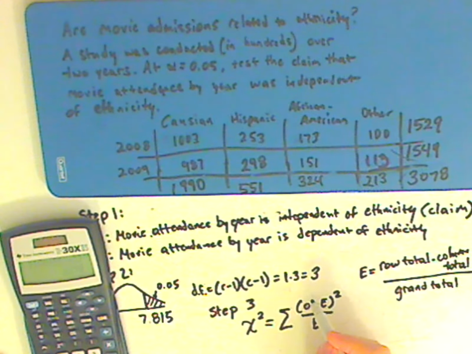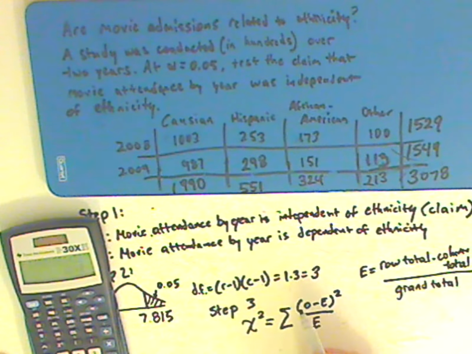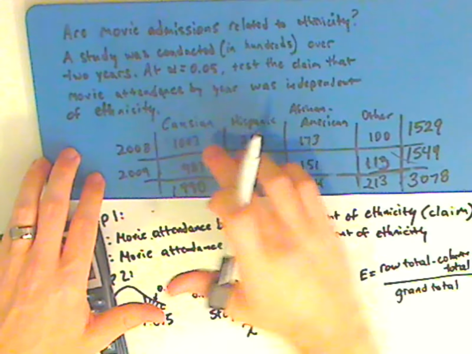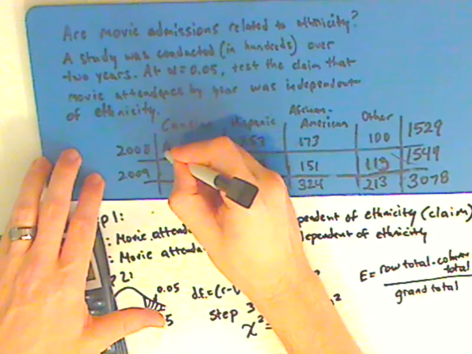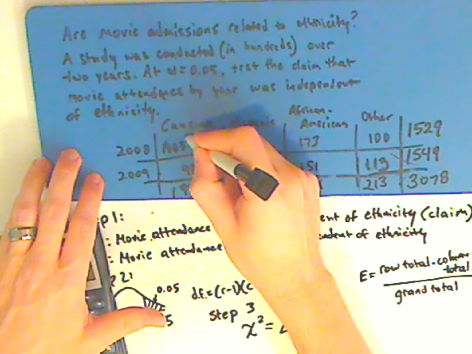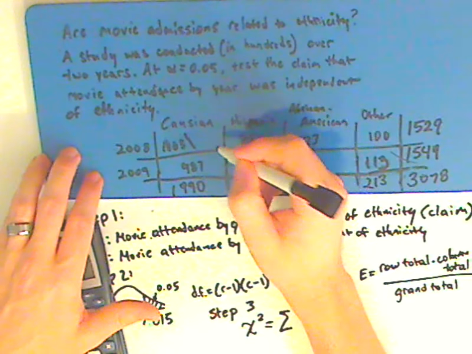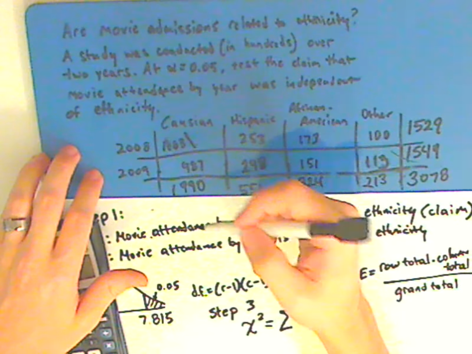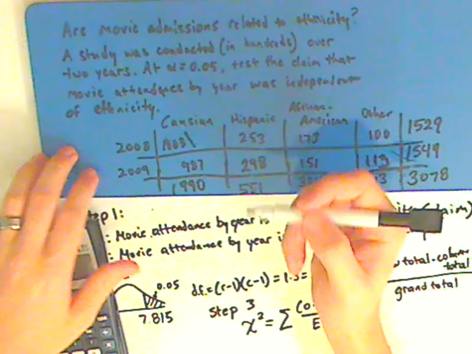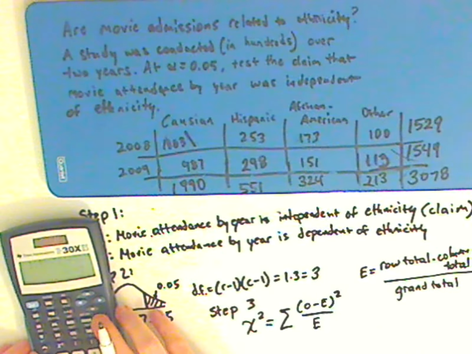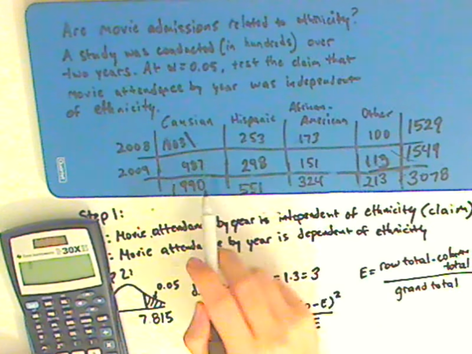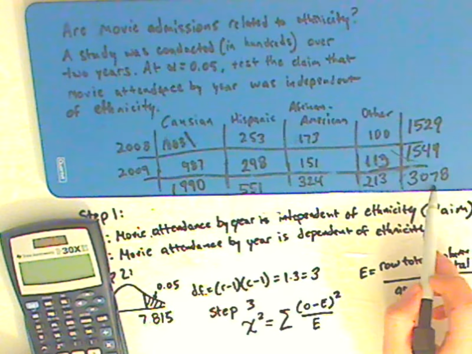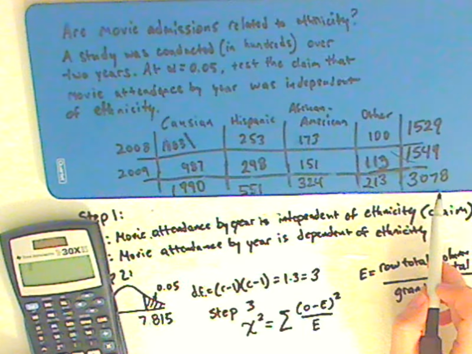But now you have to calculate this. Now I'm going to put the expecteds right next to it. So 1003 right here, and then the expected right here. Now with the expected, it's going to be a decimal, and so I would round to 2 decimal places. So multiply the column total times the row total, and then divide it by 3078.